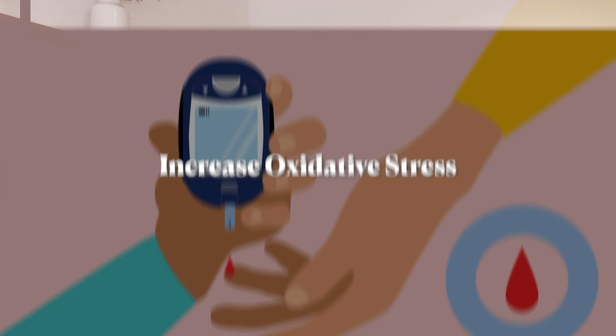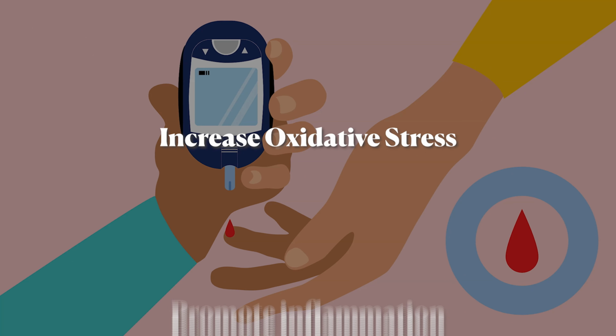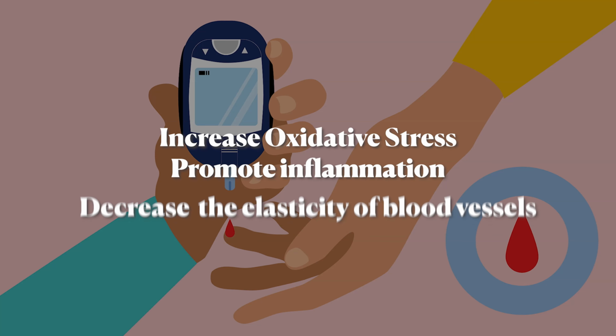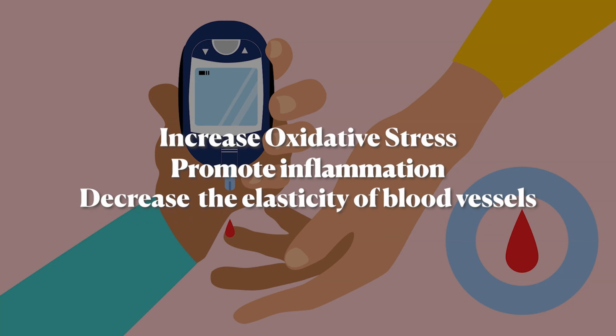When we have elevated blood sugar, it triggers a lot of different processes that can be very damaging to the inner lining of our blood vessels, also called the endothelium. Elevated blood sugar causes an increase in oxidative stress, promotes inflammation, and decreases the elasticity of blood vessels.